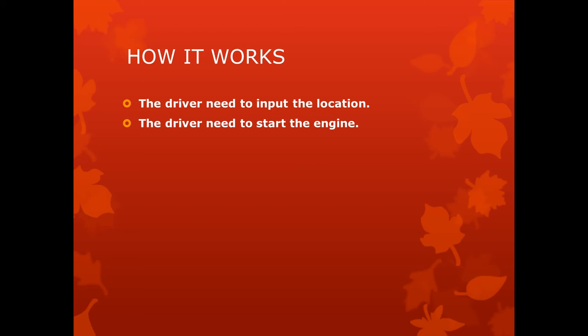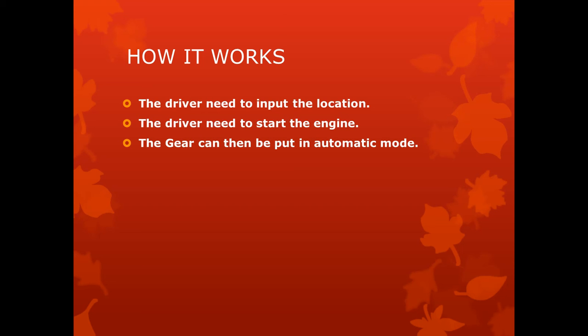Before inputting the location, there is a finger scan inside the Aeromobile Flying Car to detect that you are the owner, and then it will ask you to input the location. Then only you can start the engine, and the gear can be put in automatic mode. There is automatic mode, and actually there is a manual mode.